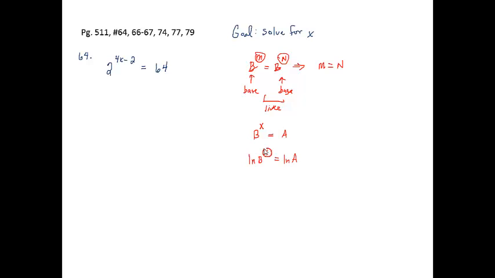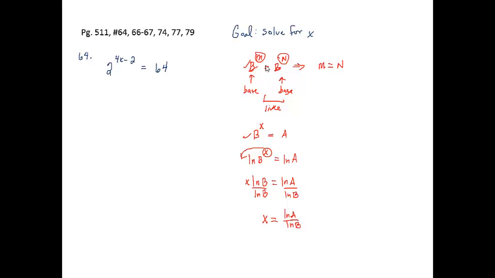And by taking the natural log, the power now becomes the coefficient. So x times the natural log of b equals the natural log of a. And then you can divide by the natural log of b on both sides, because natural log of b is just a number. So x would be the natural log of a divided by the natural log of b. Do you remember this property? You may use either one when working these problems.